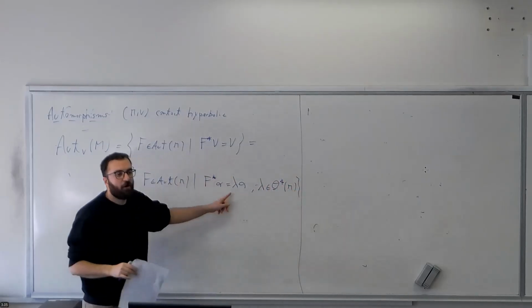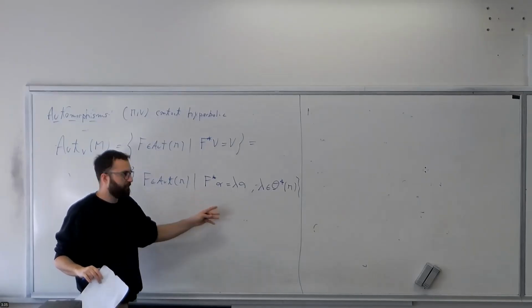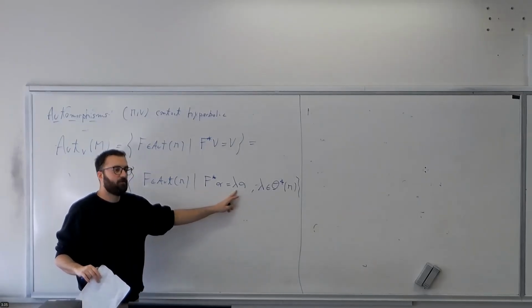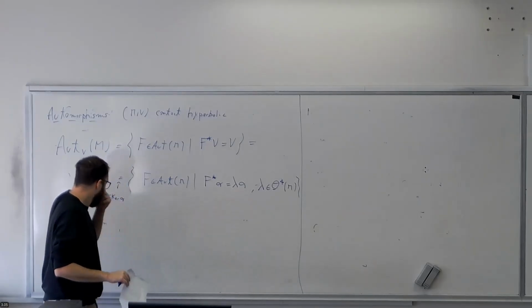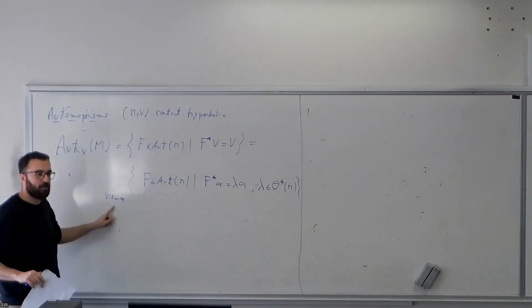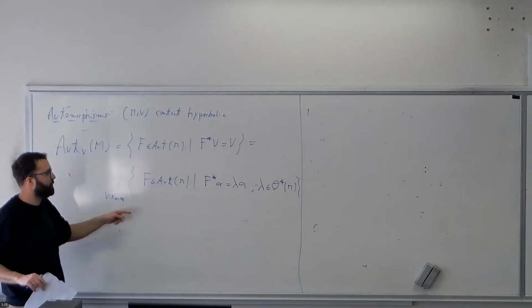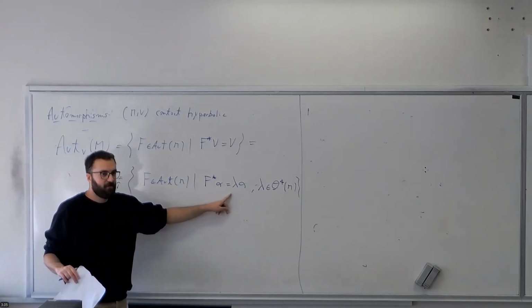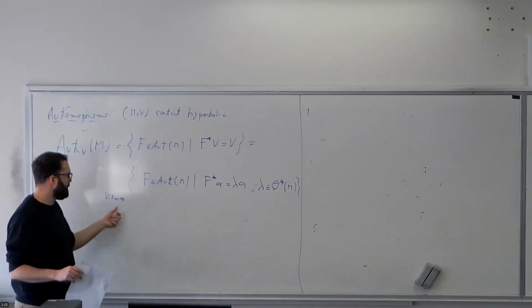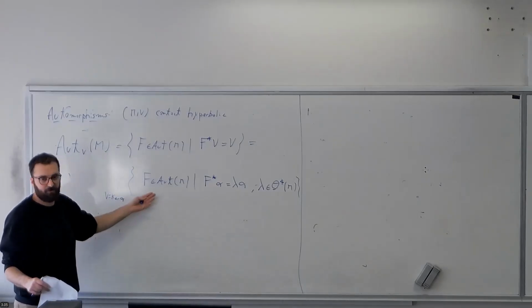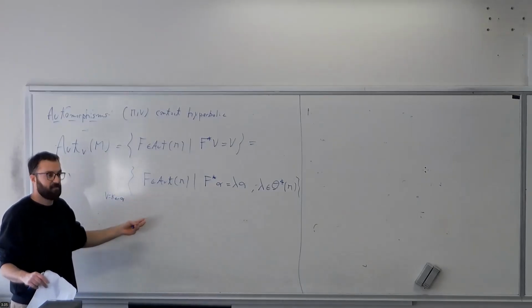You have to preserve the kernel of alpha and only the kernel of alpha, so you're allowed to multiply by whatever. And in fact, any two contact forms for the same distribution only differ by such a lambda. And even if you don't take this lambda but a different lambda, of course, the group stays the same.